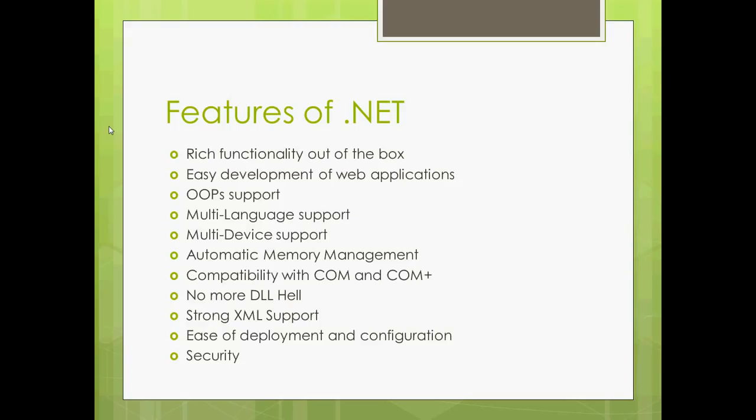Like I said before, the base class library provides a huge set of readily available functionalities. The main advantage of this is the developer doesn't need to go into low level details of many operations, such as file IO, network communication, and so on. He can directly use the functionality.